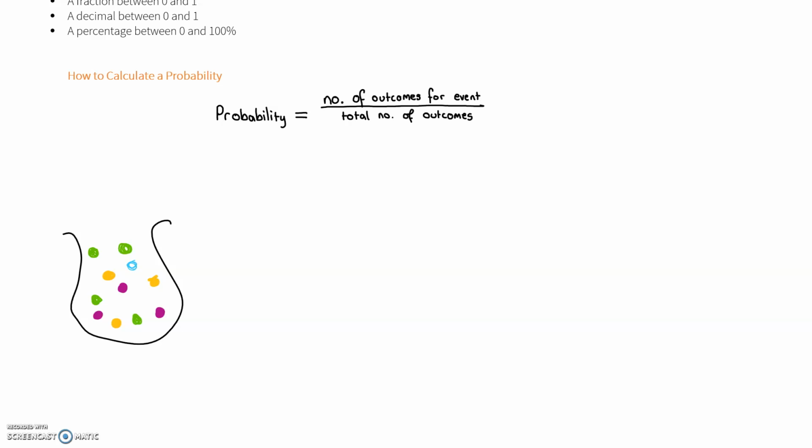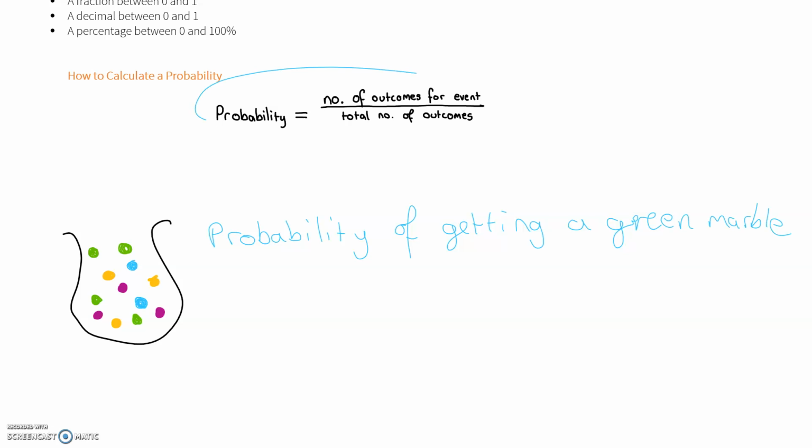Doesn't really matter how many there are in a particular problem, but that's our bag of marbles. And we want to work out the probability of getting a green marble.